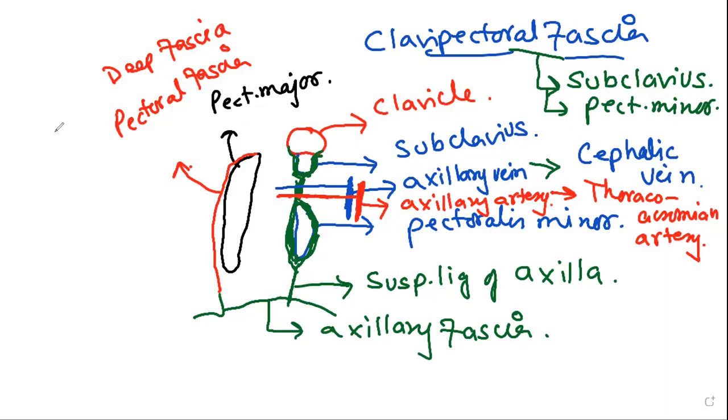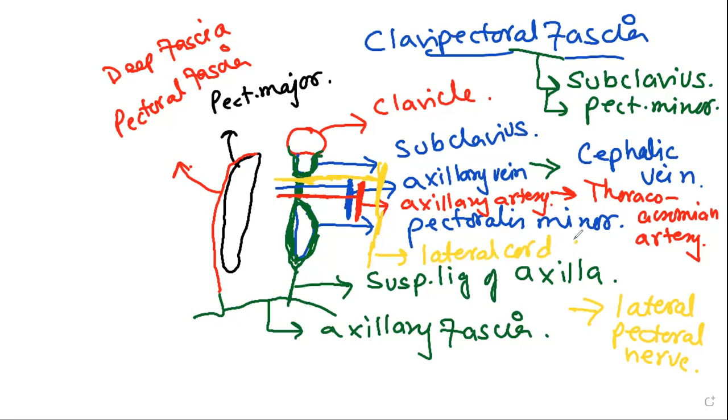And the third structure which is piercing the clavipectoral fascia is your lateral pectoral nerve. Because its name is lateral, it is coming out from the lateral cord of the brachial plexus.